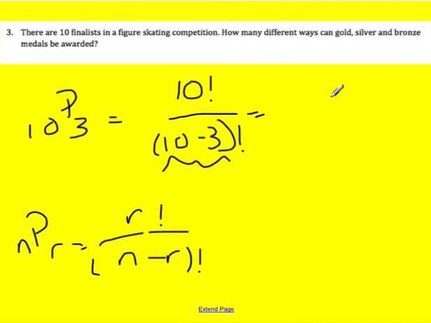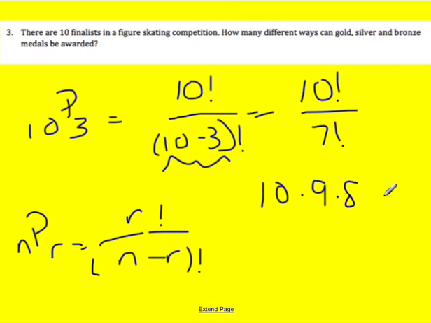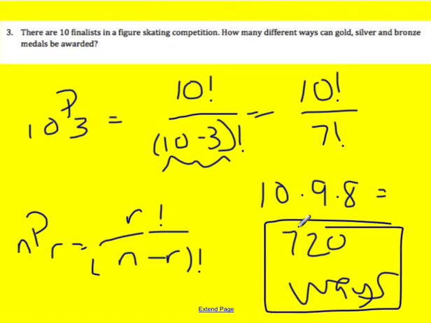Then here I get 10 factorial divided by 10 minus 3 factorial, which is 7 factorial. So everything from 7 on down in that factorial is taken care of, which means up top I have 10 times 9 times 8. I multiply that out, and I get 720 different ways that I can arrange that. So that is your final answer for number 3.